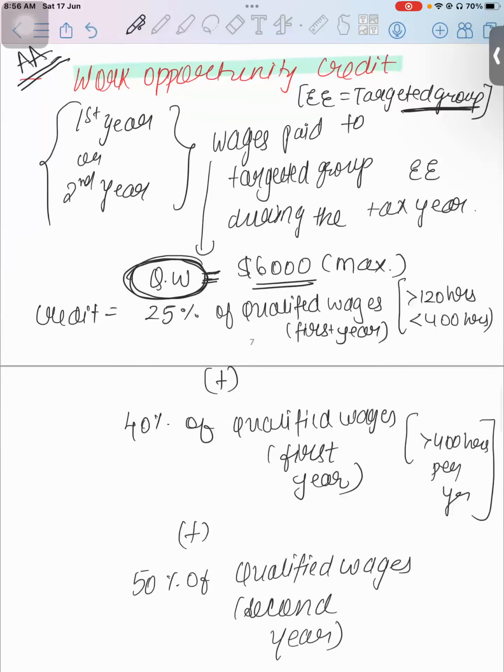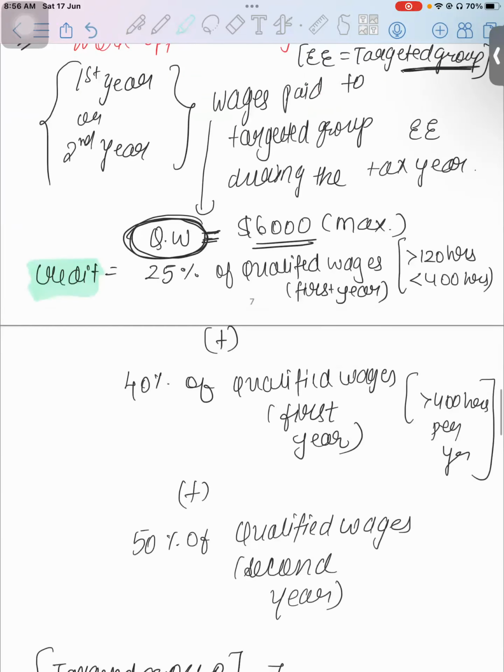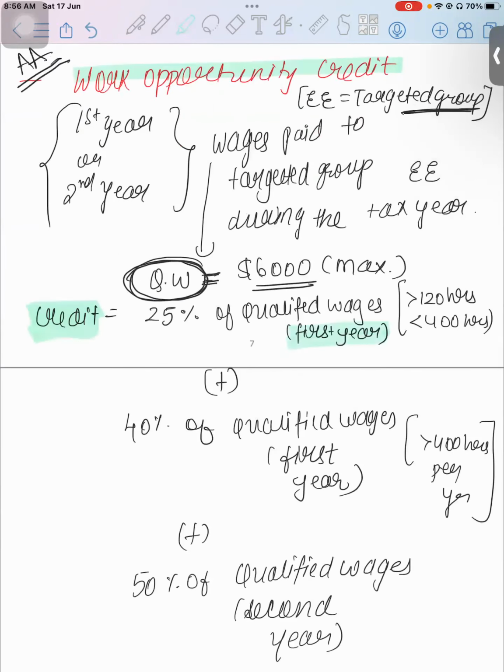Now let's see, there is a calculation. The whole credit is not allowed. You have a bifurcation over here for the first year. If you're hiring any person, for the first year of his hiring, see here also there is a confusion whether this first year is of the employment, like the employee, or the employer.